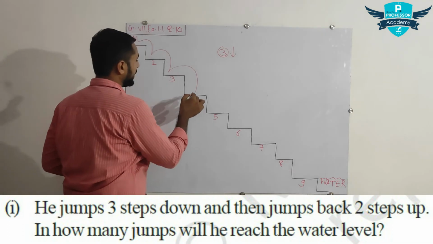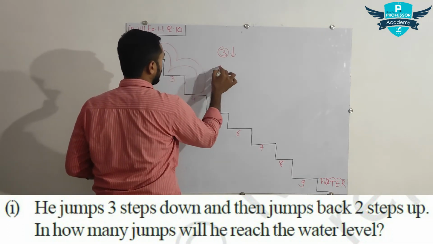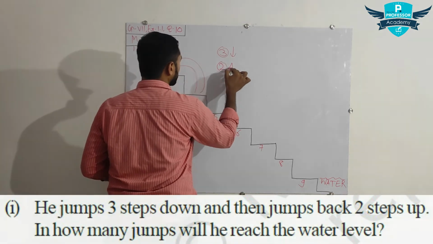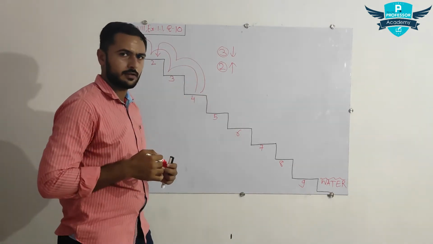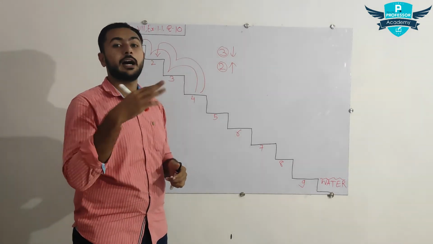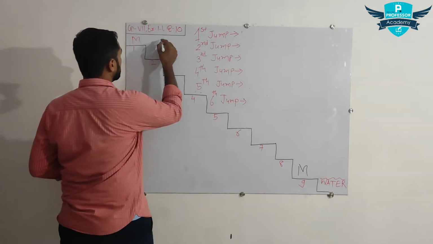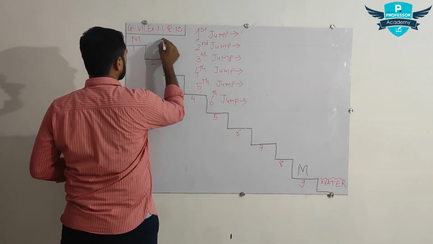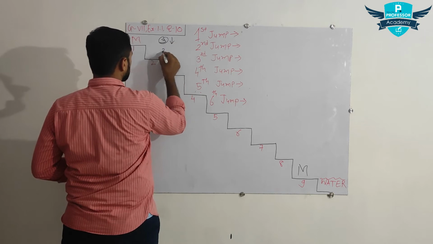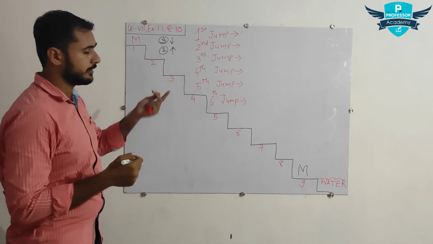It means again he will go upwards 2 steps. Whenever he jumps, he will jump 3 steps downside and 2 steps upside. Here, how will we do it? Whenever the monkey jumps, he will jump 3 steps downwards and 2 steps upwards. Fine. So let's start with the first jump.